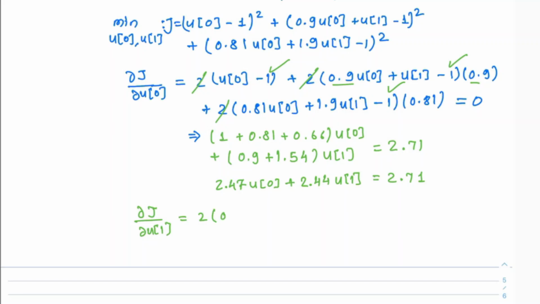Second term is, then the u1's coefficient is 1, so that would stay the way it is. Then we have 2 in bracket 0.81 u0, and this term will get multiplied by 1.9 equal to 0.